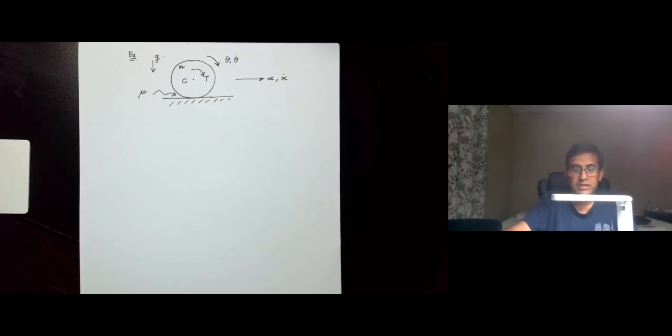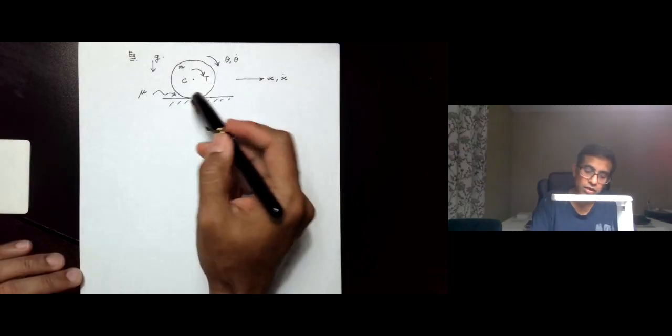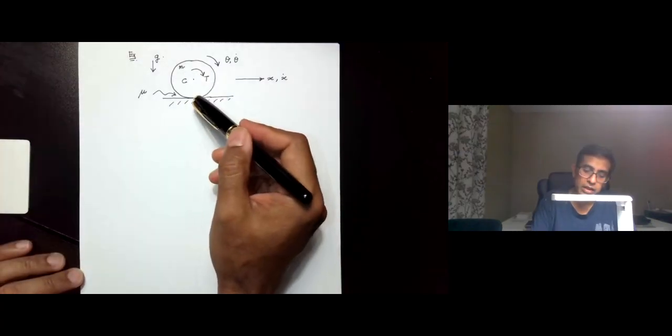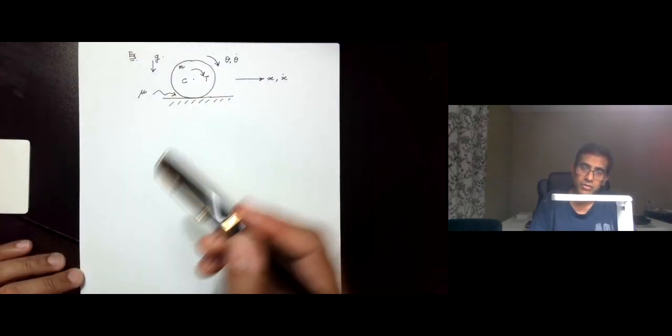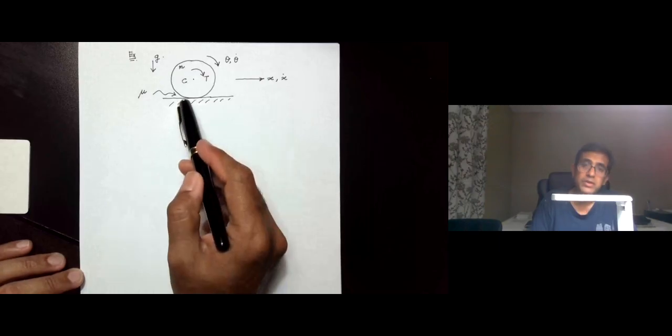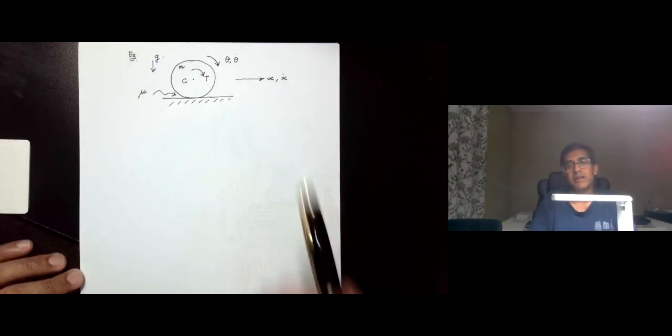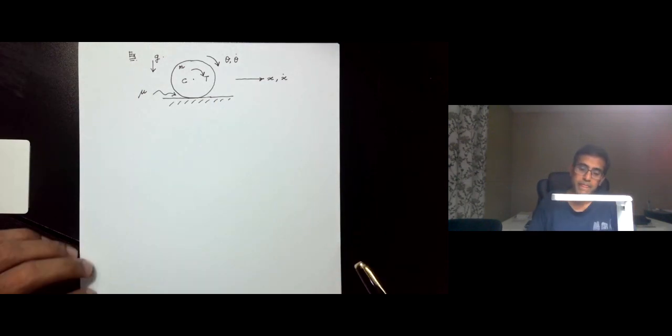To be specific, the engine produces a torque and it is transmitted to the four wheels, and that torque causes the wheel to push back on the ground, and the ground in turn provides an equal and opposite reaction force, and it is that reaction force that causes the car to move forward as a whole.